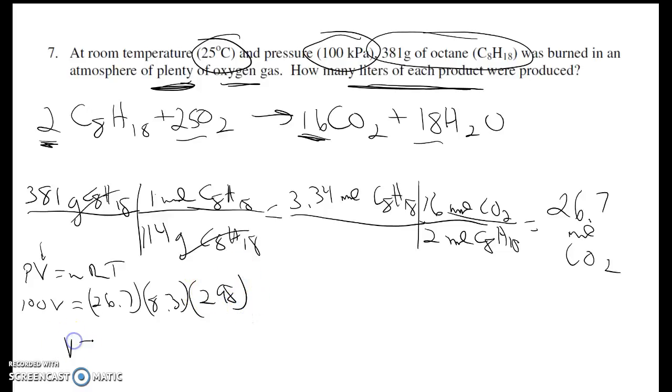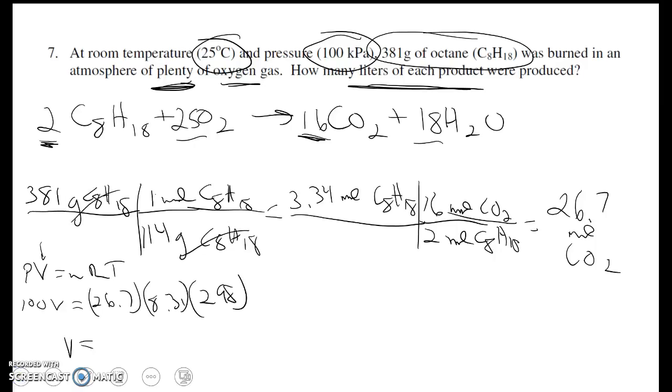And then I want to solve for volume. Sorry about that. 26.7 times 8.31 times 298, all divided by 100, gives me 661 liters. Now with sig figs, we're looking at 1 sig fig for our answer, so it'd be 700. But we'll keep it at 661 just so we can make sense of the number.